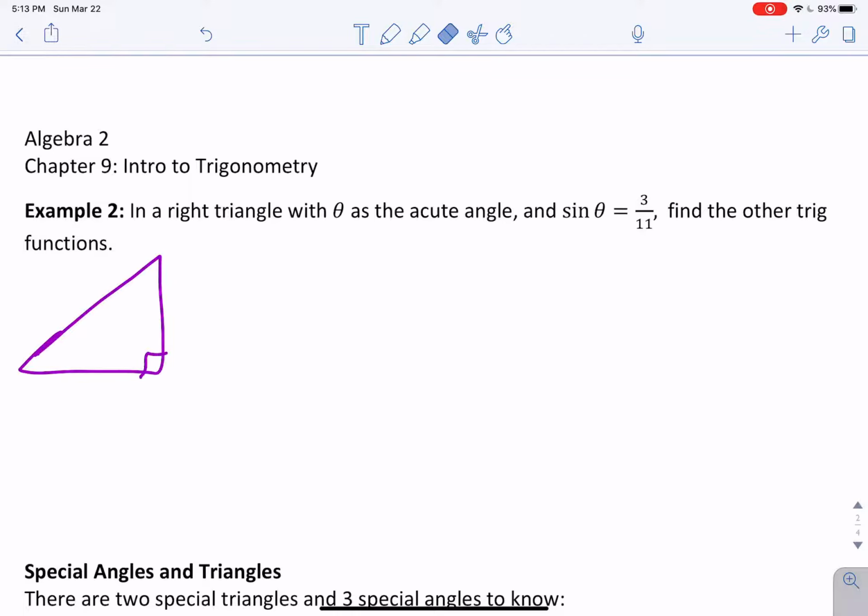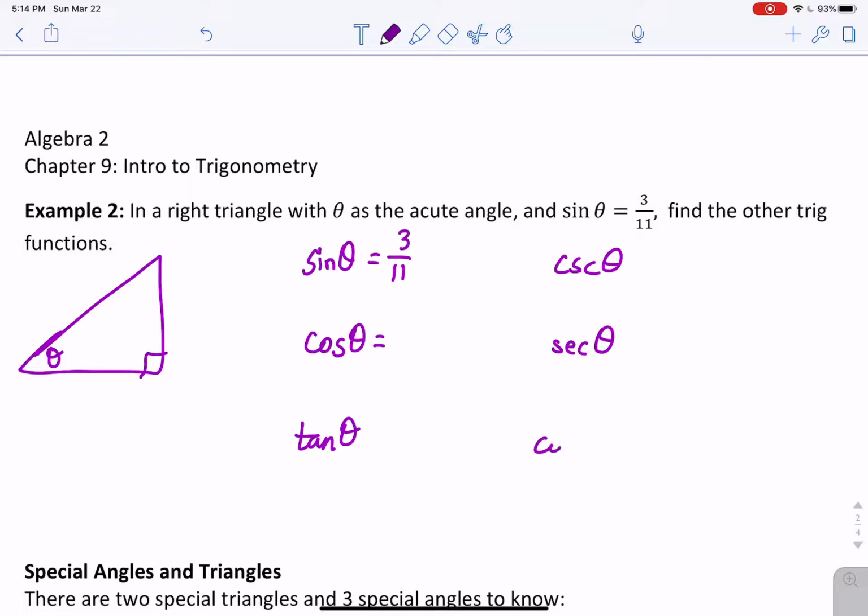We know that sine of theta is 3 over 11. We want to find the other ratios: cosine, tangent, cosecant, secant, and cotangent.